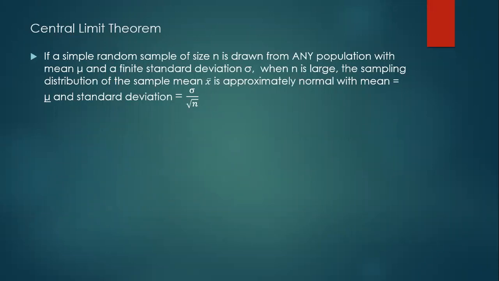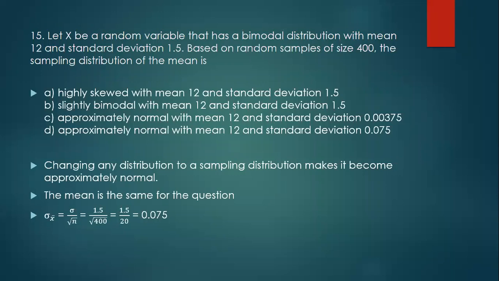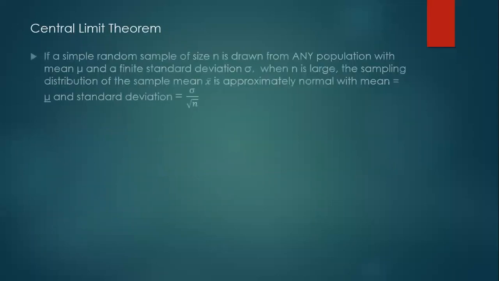If a simple random sample of size n is drawn from any population with mean mu and a finite standard deviation, when n is large, the sampling distribution of the sample mean x bar is approximately normal with mean mu and a standard deviation. So what we did a while ago was based on the central limit theorem.